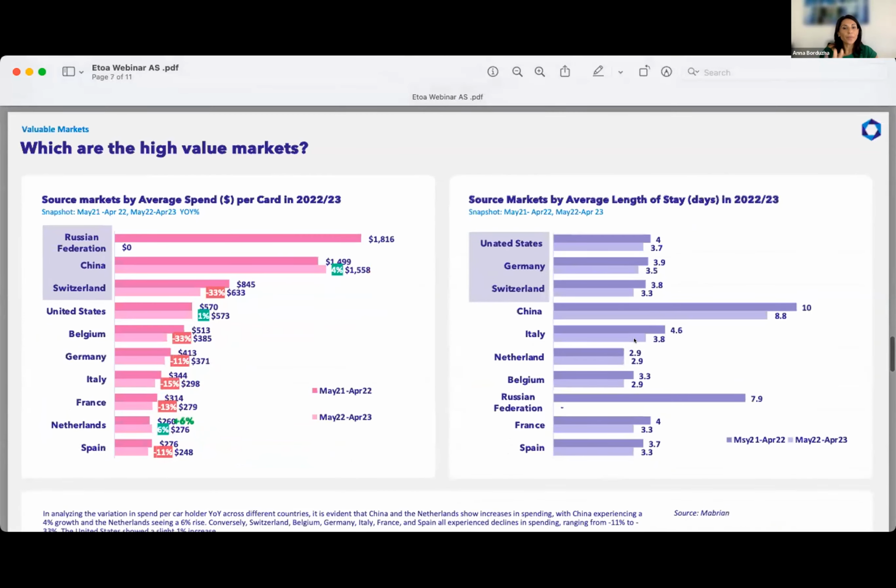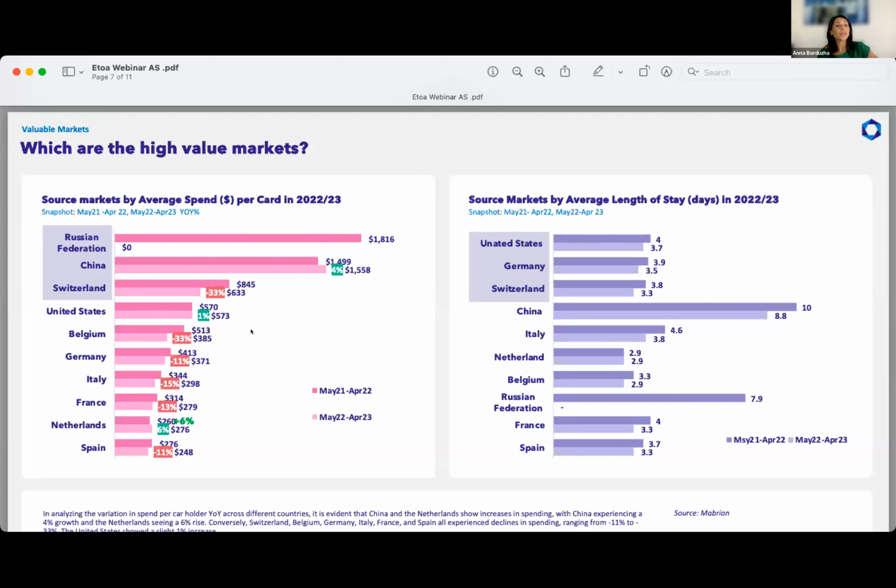If the previous slide shows us information about the ranking of the markets that provide more economic benefits to the destination, this slide can help us identify the markets from where we have visitors who spend the most at the destination. So here we analyze the average spend per cardholder and also compare this spend with the previous year.